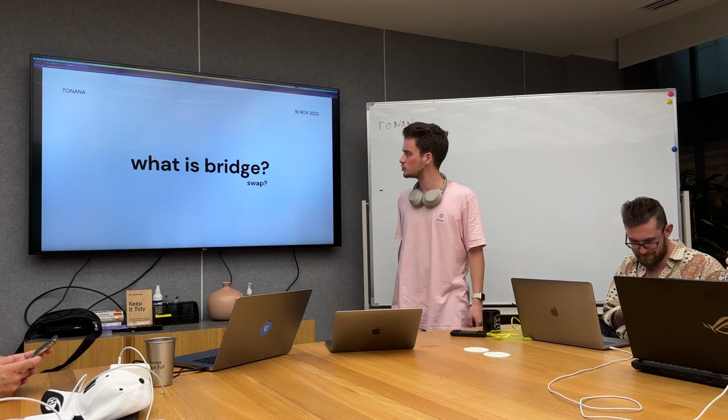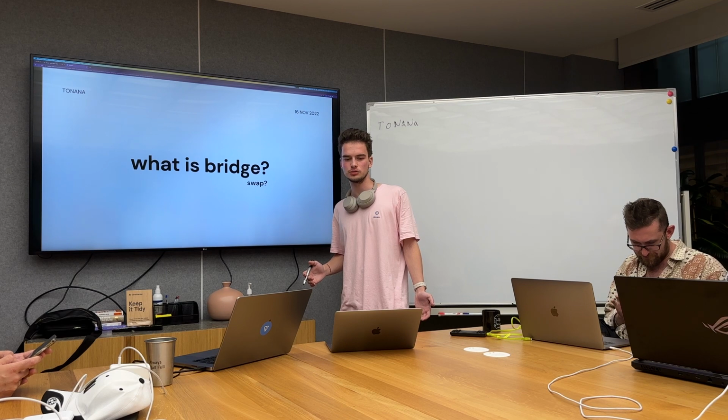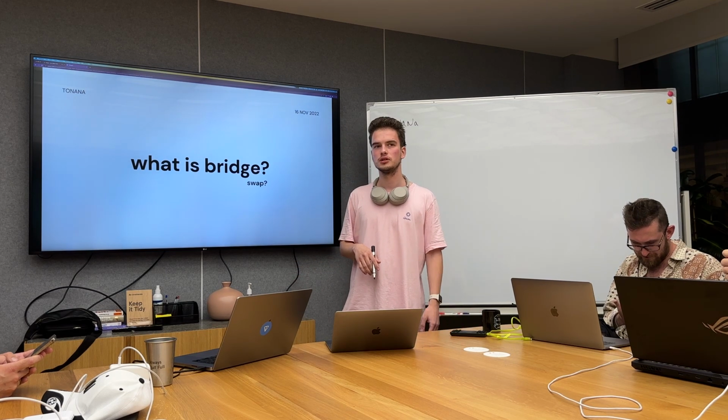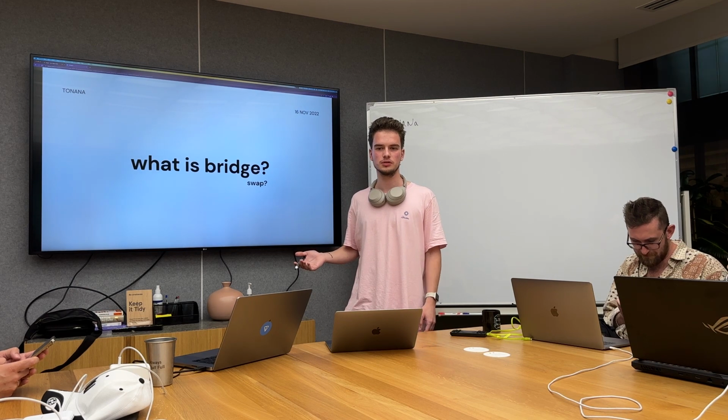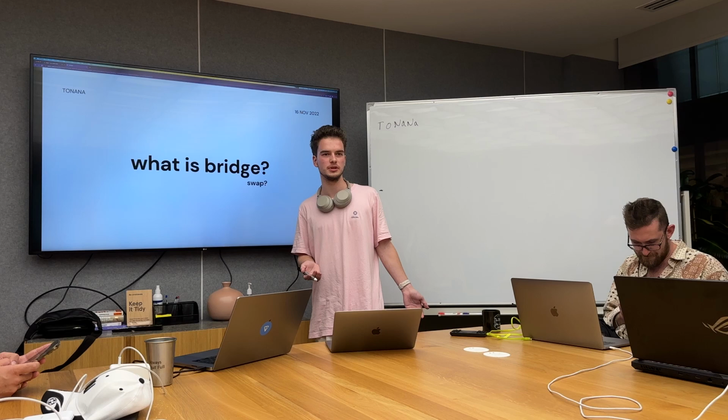So what is a bridge? It's basically some sort of application that allows users to wrap their assets on target chain. So for example, you have some Ether on original Ethereum chain and you want to have some Ethereum on Binance Smart Chain.